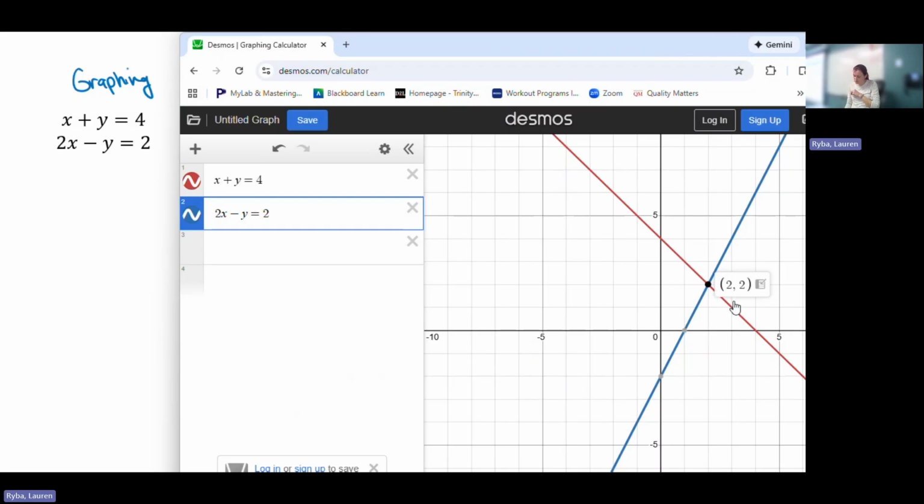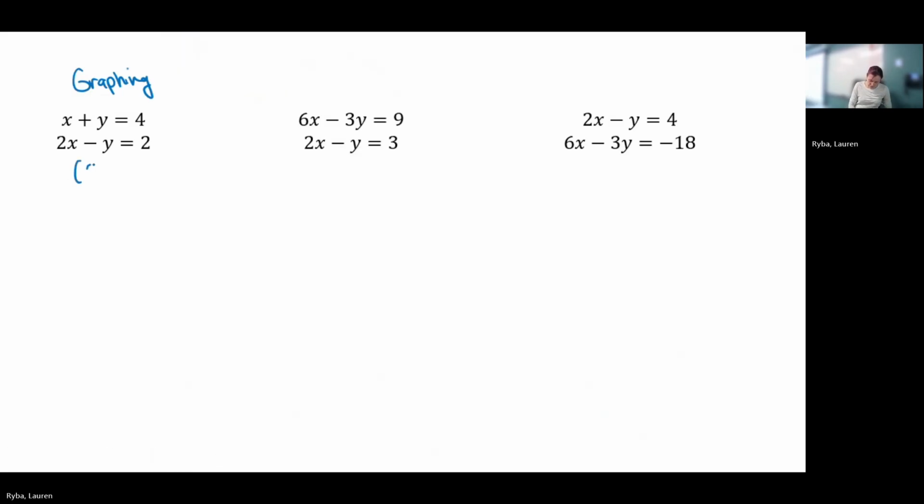So all I need to do is click on one of the lines and you see that little point appear. I then click on the point. It makes it bold and it tells me what that exact intersection is. So these two lines will be equivalent if I plug in 2 for x and 2 for y. So that is our solution.